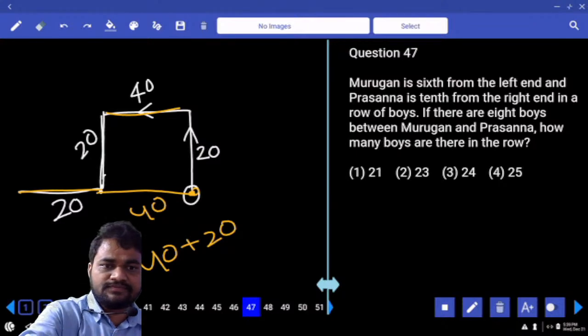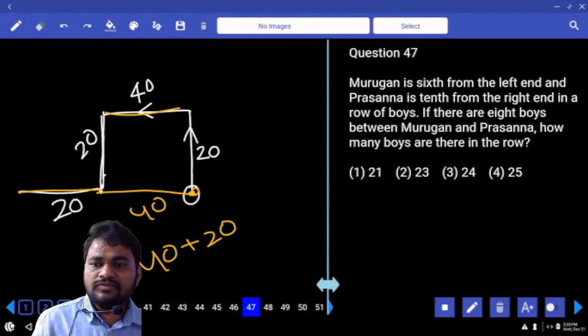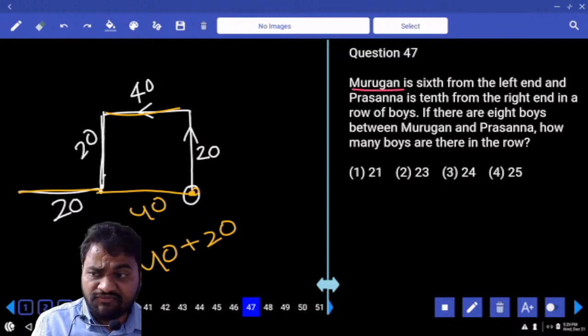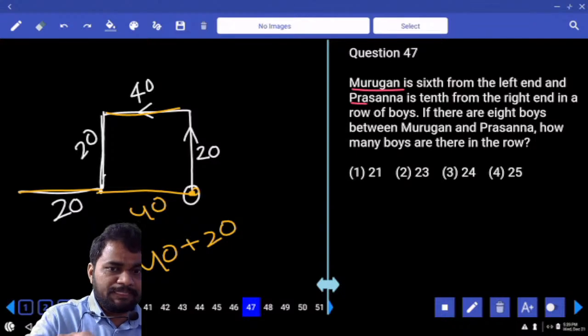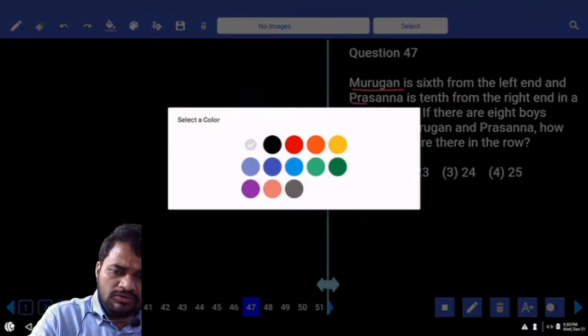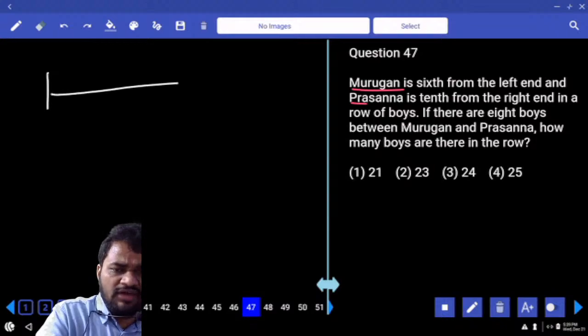Next, M is 6th from the left end, P is 10th from the right end in a row of boys. So now, for example, we have a row.